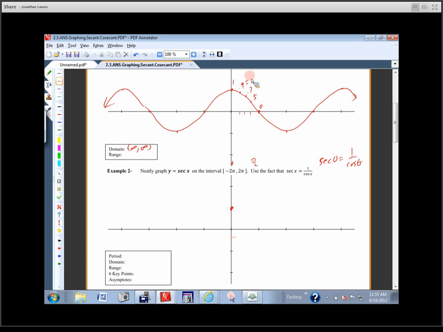Now remember, this was radical 3 over 2, radical 2 over 2, and this was 1/2. So if I wanted the secant of pi 6, secant of 30 degrees, I could take the cosine of 30 degrees, cosine of pi 6, and what do I do with this number? Flip it over, do the reciprocal, right? Well, what's the reciprocal of radical 3 over 2?